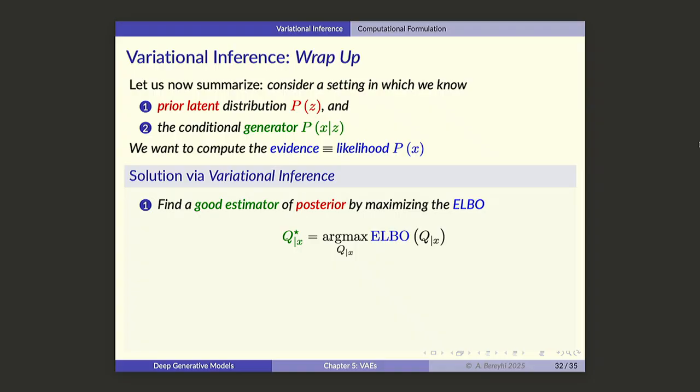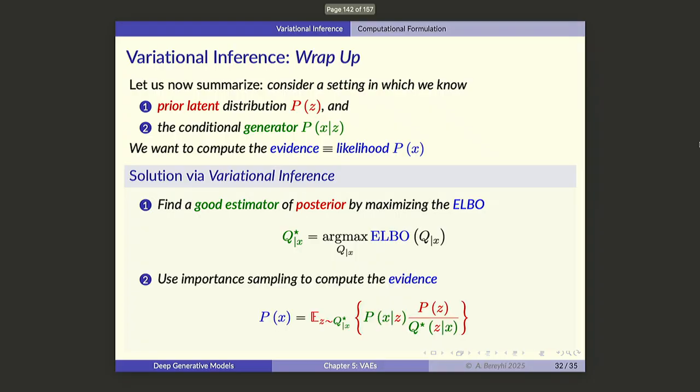Once you have that, use importance sampling with that Q, and the estimator you get is going to be very close to your evidence, a very low variance estimator of your evidence. So this is the idea of variational inference.